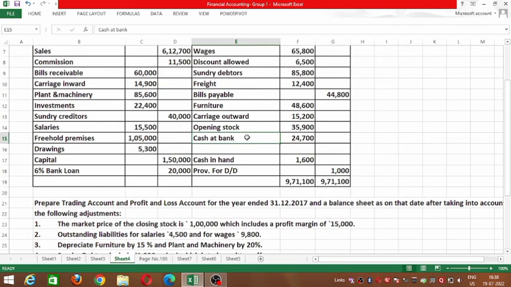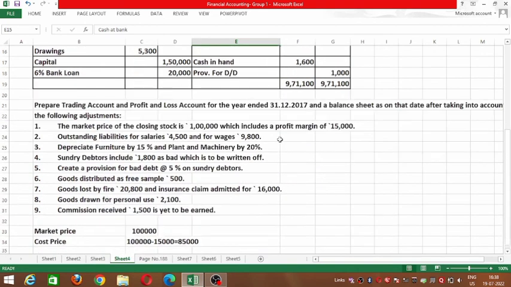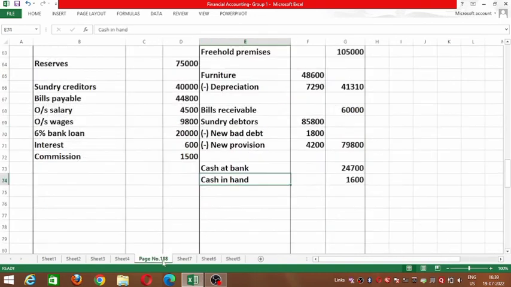So in the particulars, whatever the information given related to assets we have entered. Now let's see in the adjustments. Here we need to enter closing stock. We will consider cost price, that is 85,000.